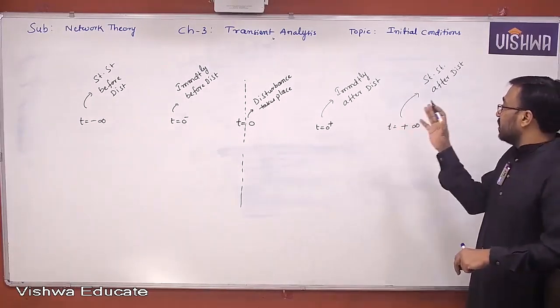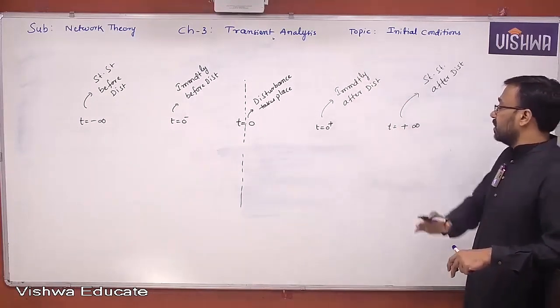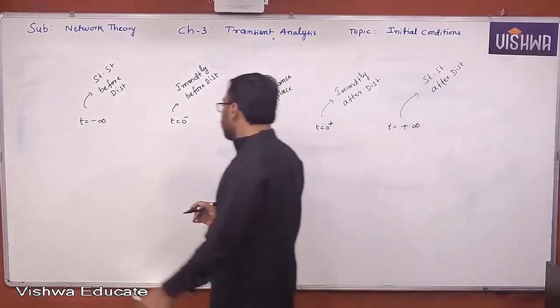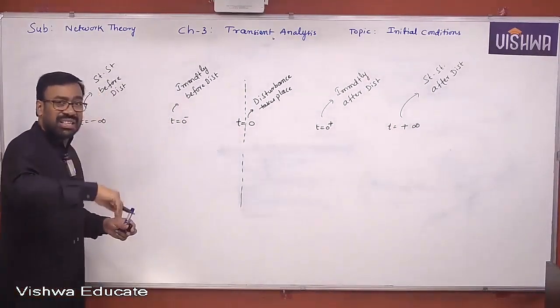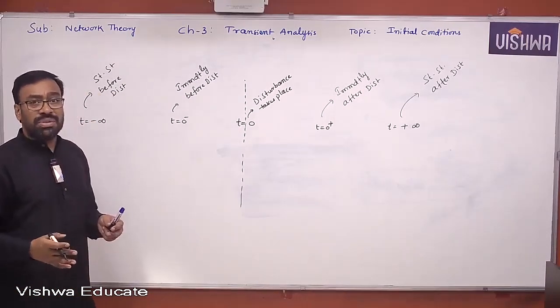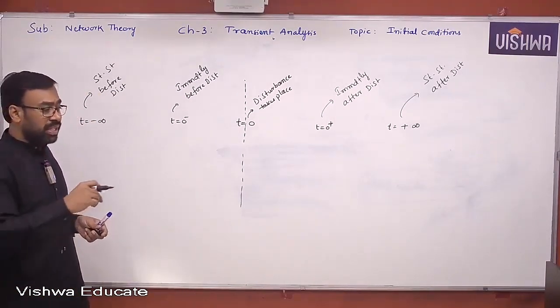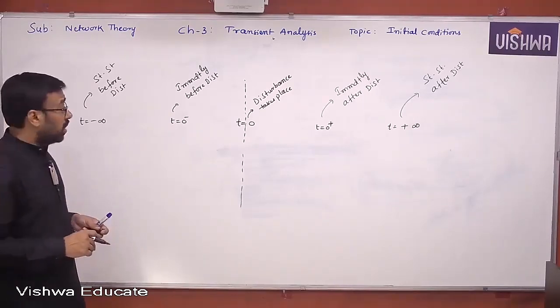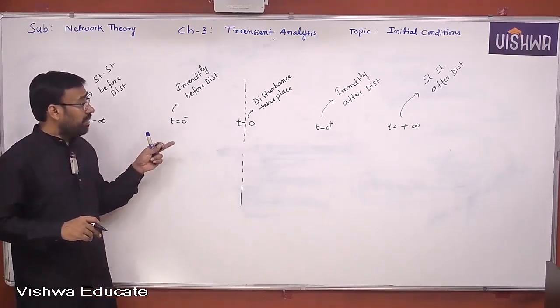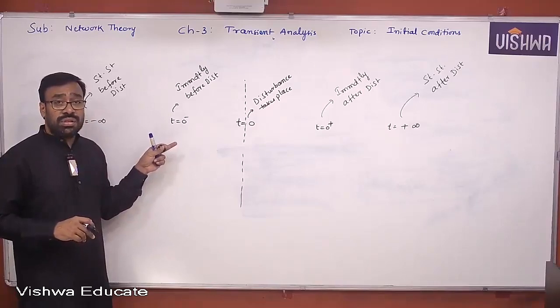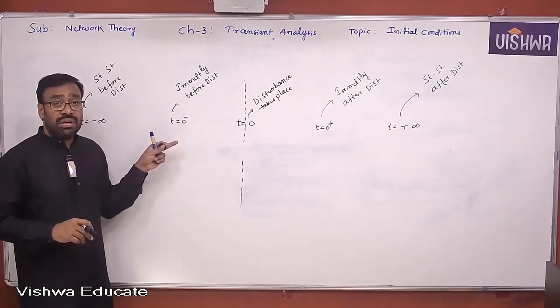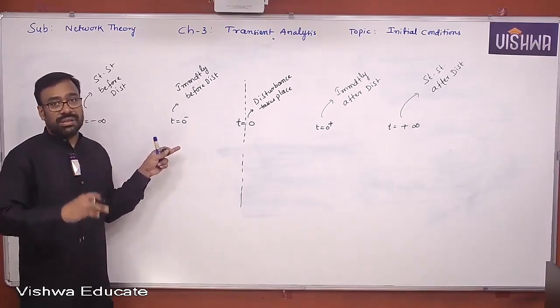The state of the system with respect to the disturbance occurred in the system. But usually we create the disturbance in our circuit theory problems by means of a switching phenomenon. We generally use switching to create the disturbance in the system.